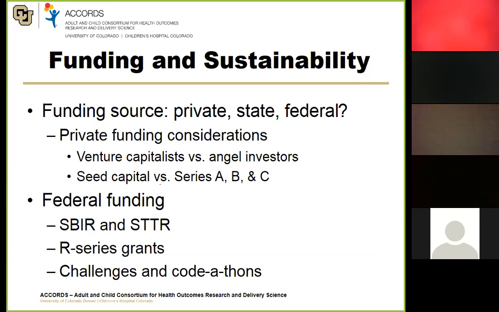Both of these are types of awards that are made to small business companies, and can be done in partnership with university partners. Usually what university researchers are going to be more interested in is the STTR, because you can be the PI at the university on that project without having to leave the university and go work for the small company.